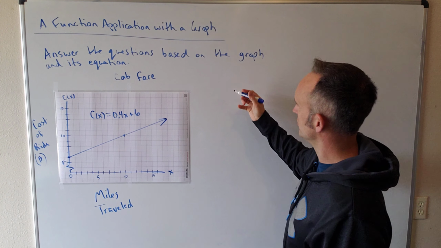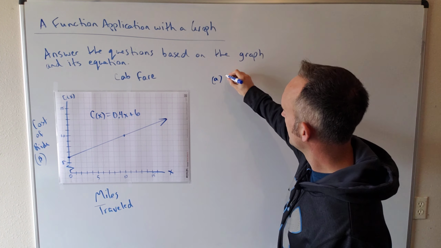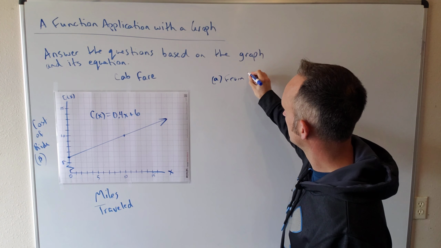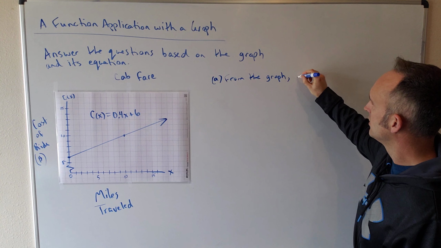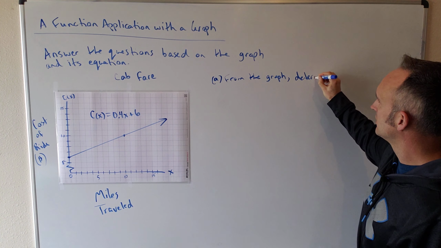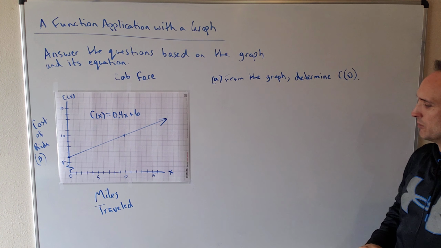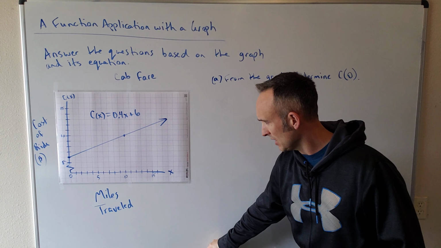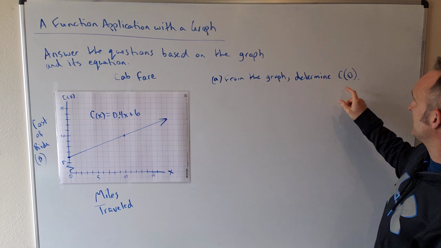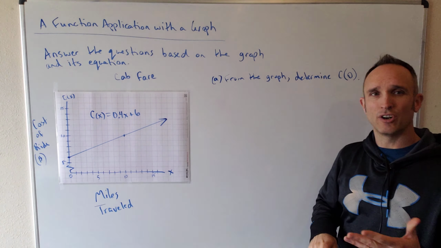So let's answer some questions now. From the graph, determine C of 0. What this means is we go to our graph. The value in the parentheses is our x value.